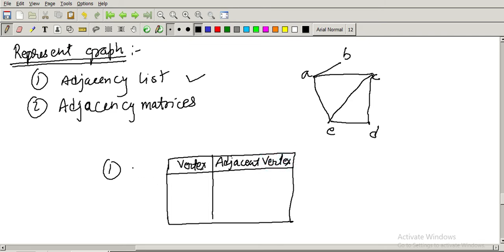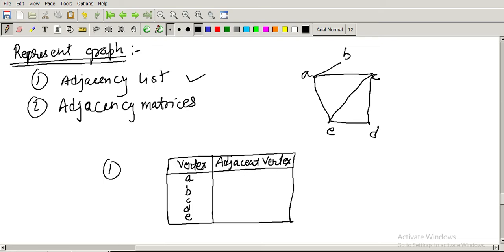Here we write the names of the vertices: A, B, C, D and E. Then we write the adjacent vertices.